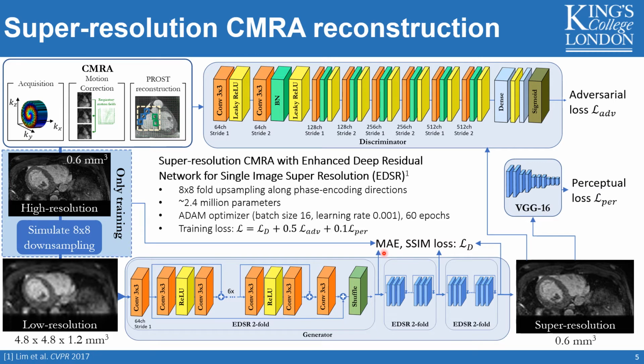We train it in conjunction with a discriminator architecture, which gives us an adversarial loss, together with a pre-trained VGG16 network to give us a perceptual loss, and together with MAE and SSIM losses to drive the overall training process. Overall, we get around 2.4 million parameters, which are trained by an ADAM optimizer.